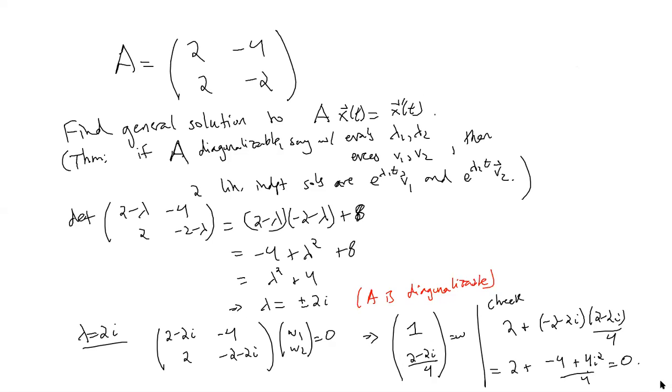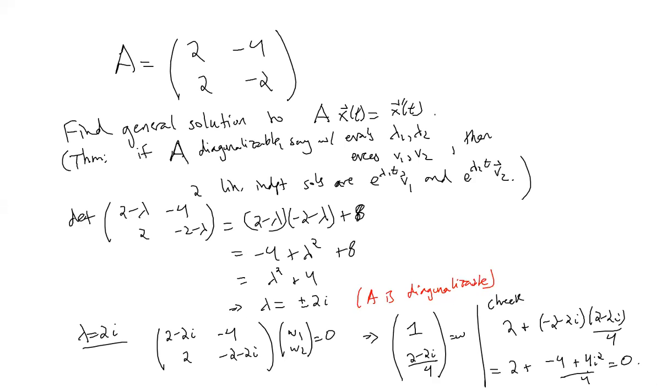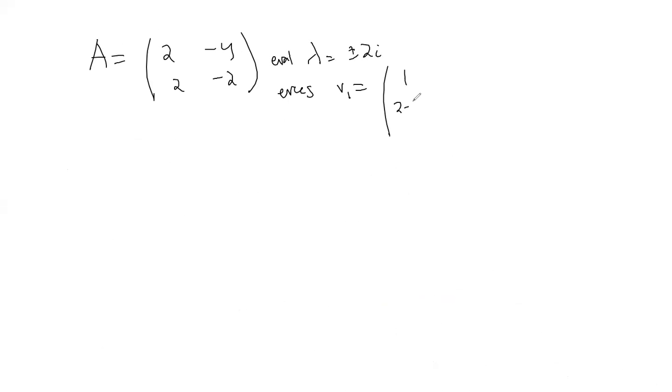So let's just sum that up. We get A is 2, negative 4, 2, negative 2. Eigenvalues plus or minus 2i. Eigenvectors are 1, and then 2 minus 2i over 4. And then the other one will be for the complex conjugate.